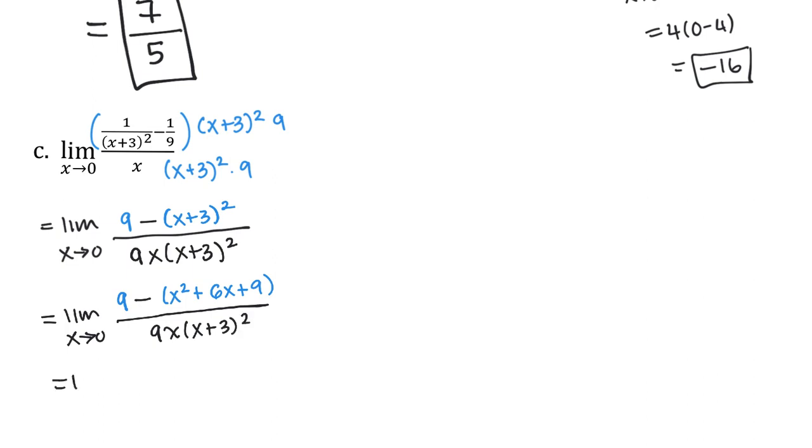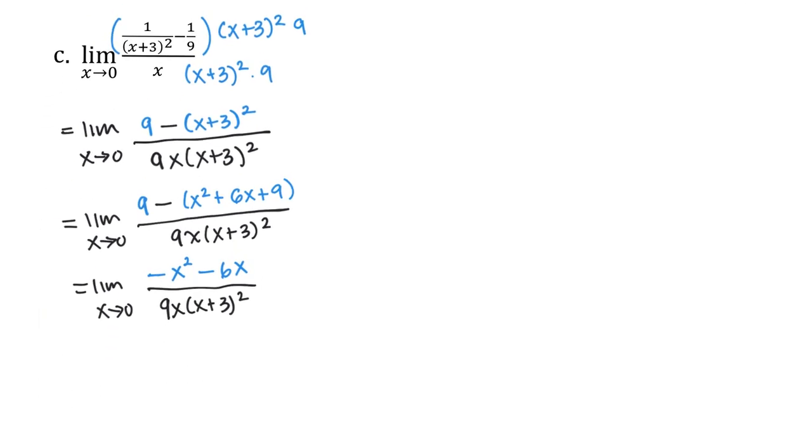Let me keep simplifying the numerator. So that's going to be negative x squared, negative 6x, and if I do 9 minus 9, they cancel. Denominator, still chilling. Numerator, let's take out a common factor.